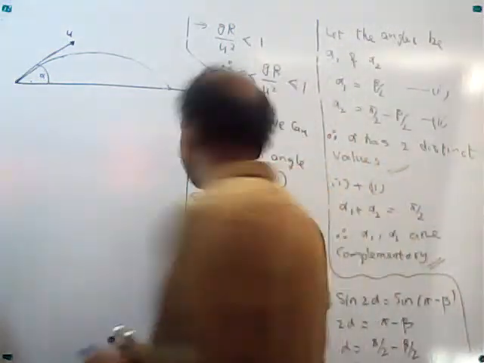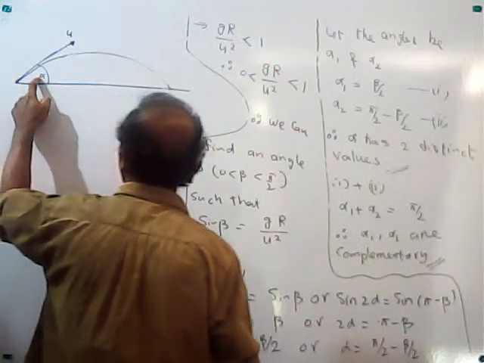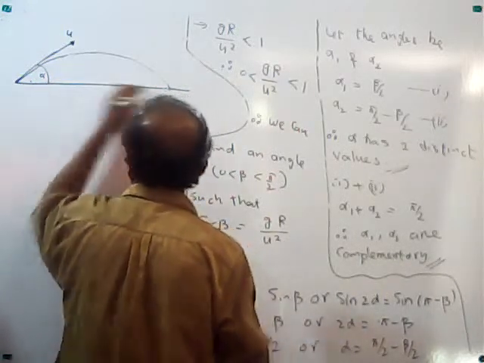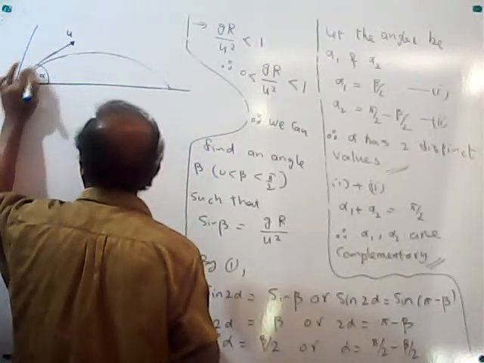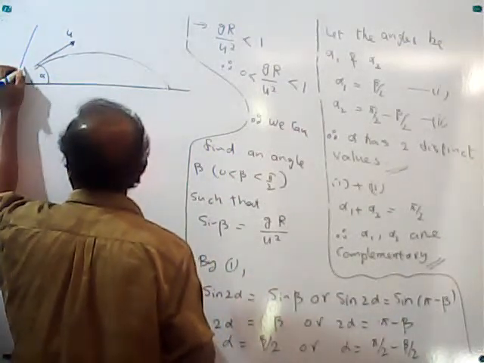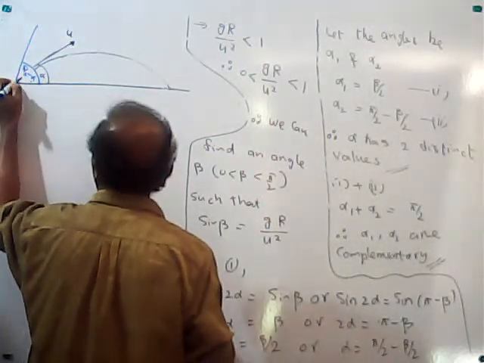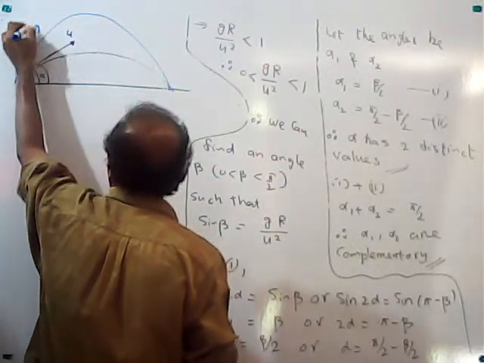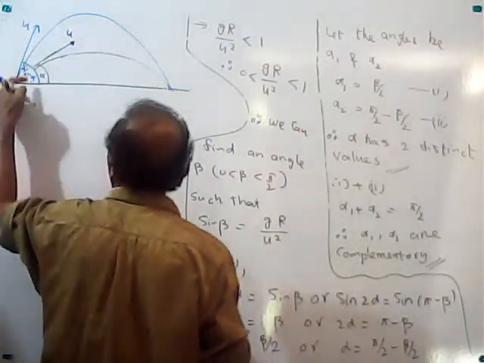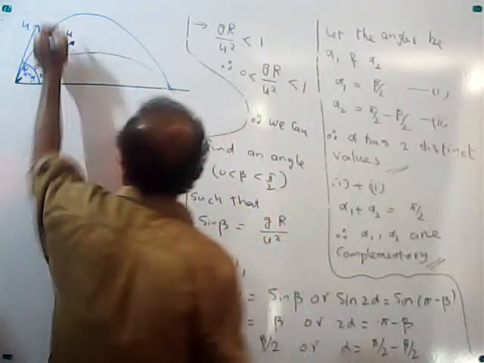If you go and show this result, that means you project at some angle alpha, the particle falls at some point, then you project at 90 minus alpha, the particle will reach the same point. Same speed, but two different angles, alpha and pi by 2 minus alpha.